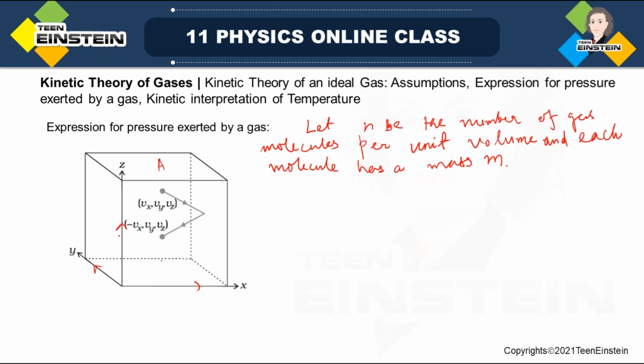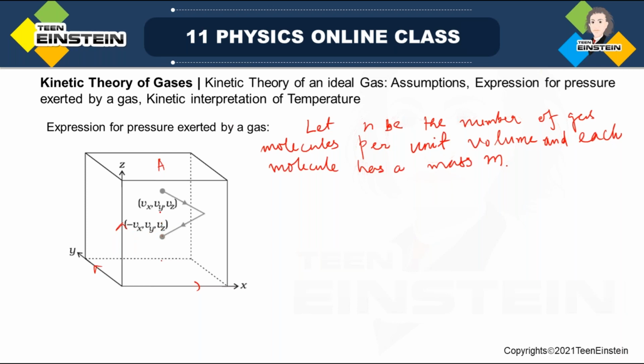And suppose the molecule moves from here, maybe the middle portion, and hits the wall. You can see that this wall, which is parallel to the yz plane, it hits, and after hitting the wall, it rebounds. Since the collision is elastic in nature, it will rebound.